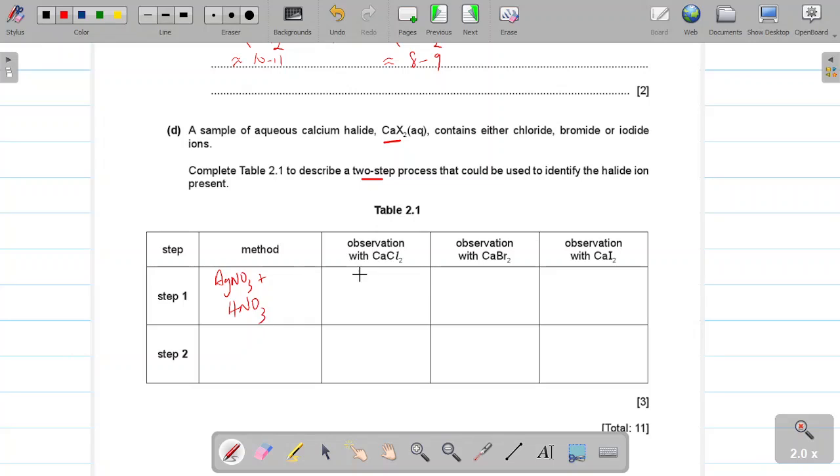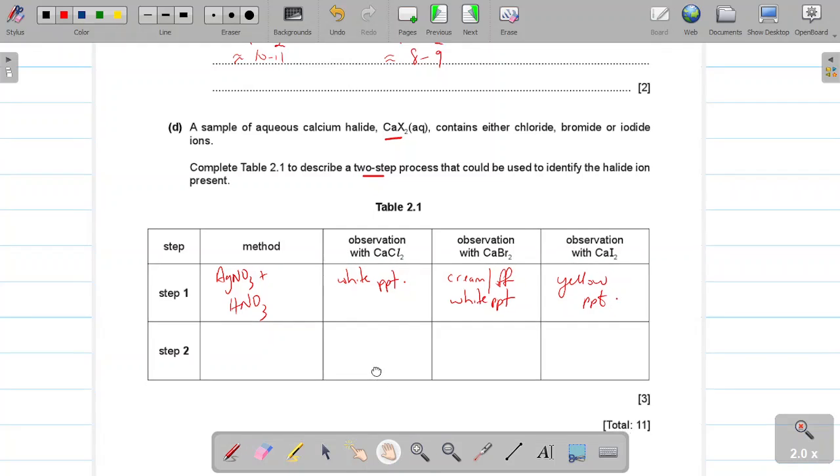The chloride ions will give a white precipitate. The bromide ions will give a precipitate described as cream or off-white. And the iodide ions give a yellow precipitate. It's actually pale yellow.